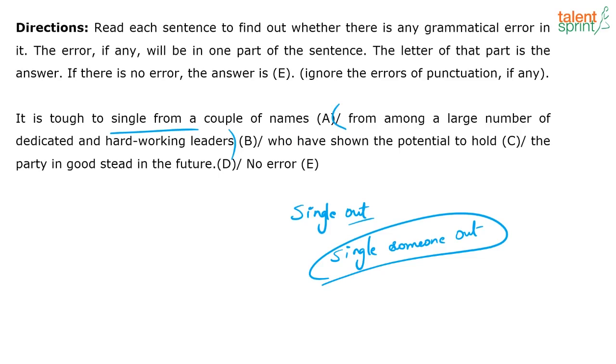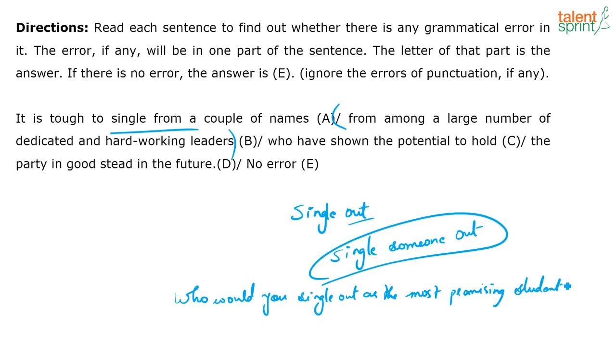Let's look at an example. So I can say, who would you single out as the most promising student of the year, right? So in the context again, we are saying out of all the students, who would you pick?